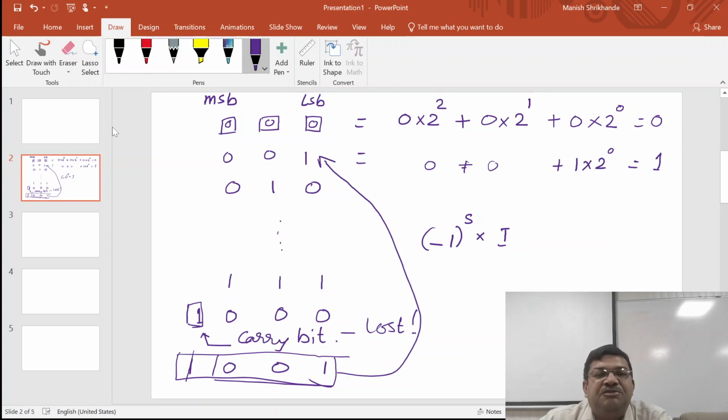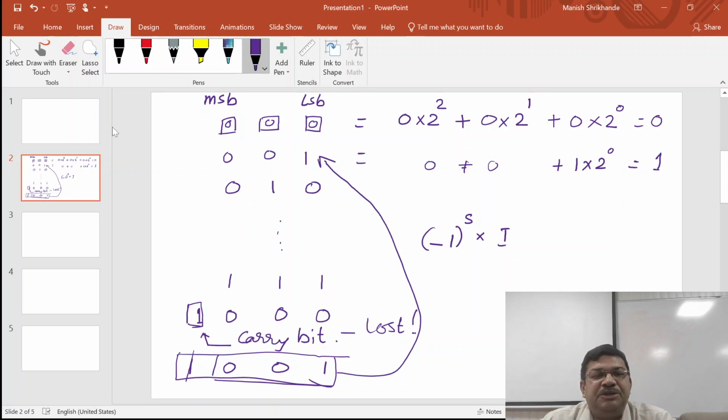So in case of this 3-bit system, we consider these 2 bits as the range of integers. We will convert these 2 bits into the range of integers. That would be 0, 1, 2, 3. And if you go one more ahead, it becomes 1, 0, 0.